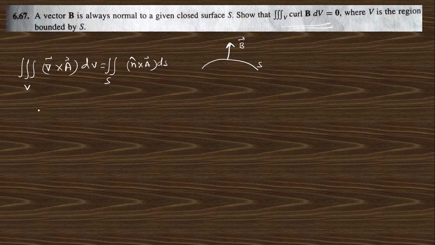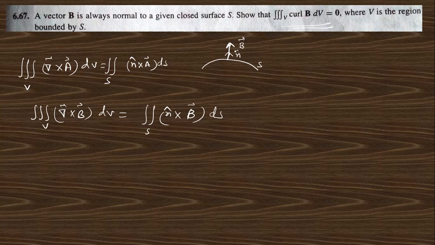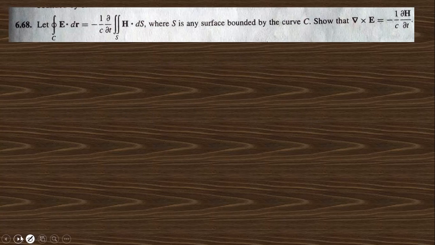Using this relation, the volume integral of curl of b dv is nothing but the surface integral of n cross b vector ds. Now what is the direction of n cap? N cap is perpendicular to S, so n cap and b cap are in the same direction. Since these two are parallel, n cap cross b cap equals 0, so this integral will be 0. Go to the next question.